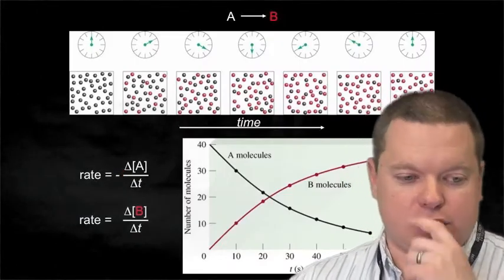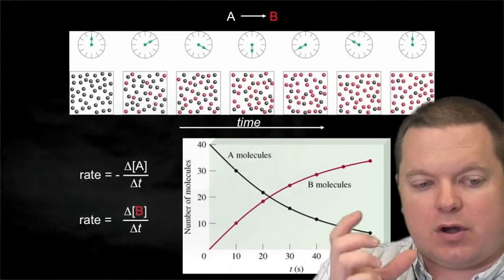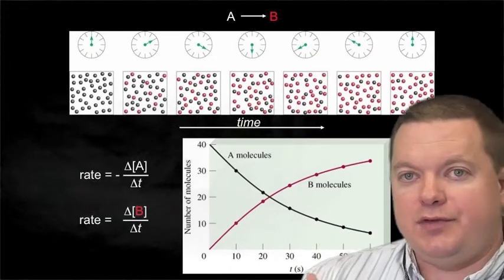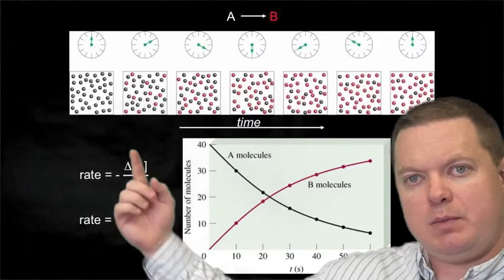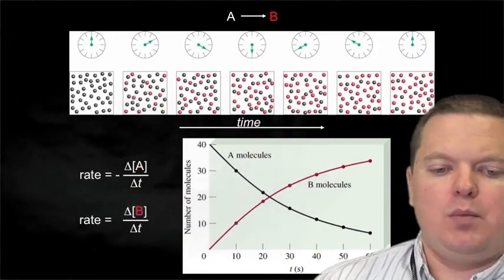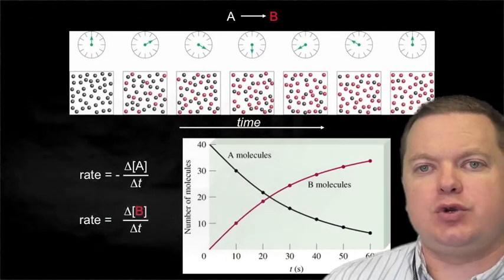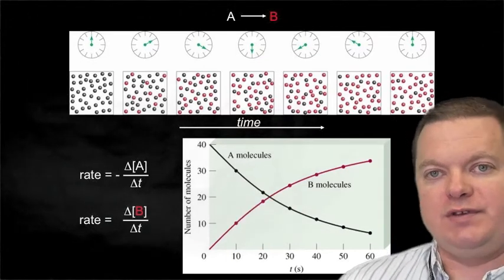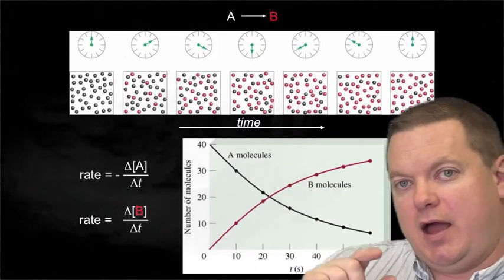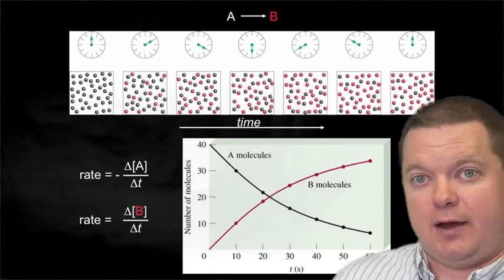So let's look at this reaction actually over time. So here in this figure, we can see that we start out with all A, and as the reaction proceeds in time, going from this side over, we see that we get more and more B, more and more of these red dots. So we can follow the concentration curves down here. We see that the concentration of A as time goes on goes down, the total number goes down.